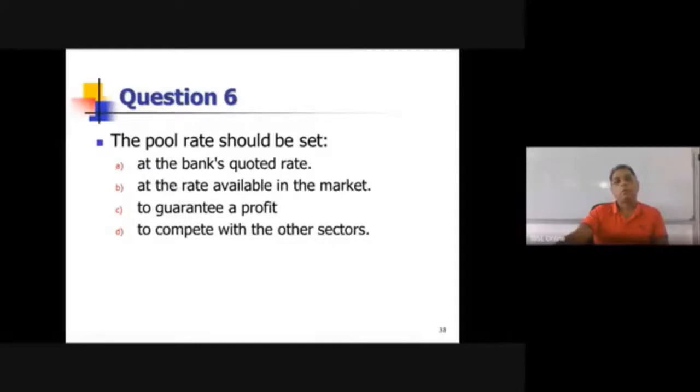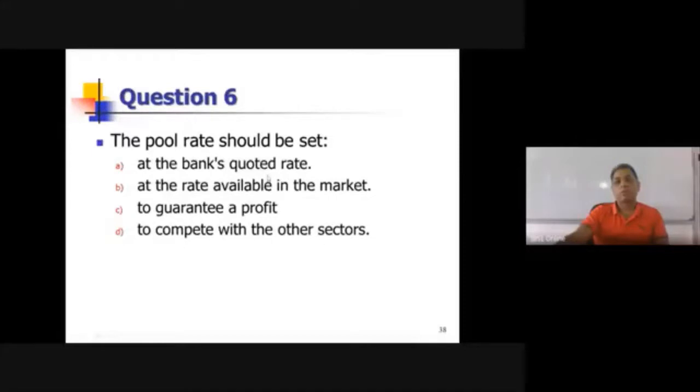The pool rate should be set at the bank's quoted rate or the rate available in the market to guarantee a profit to compete with other sectors.